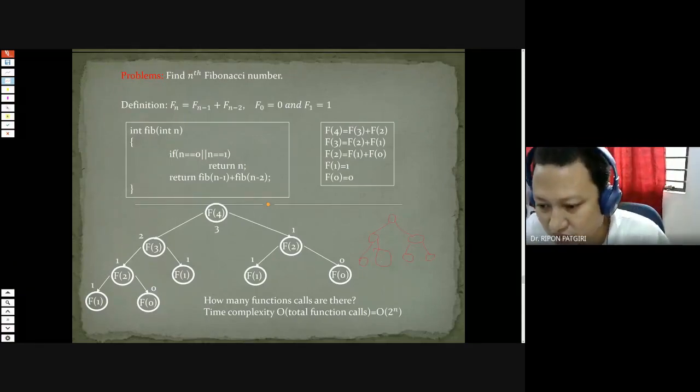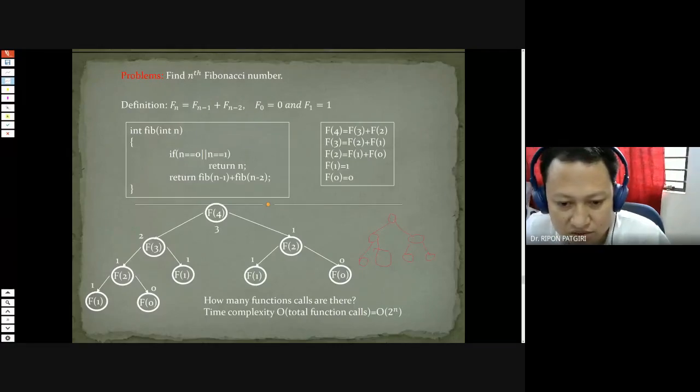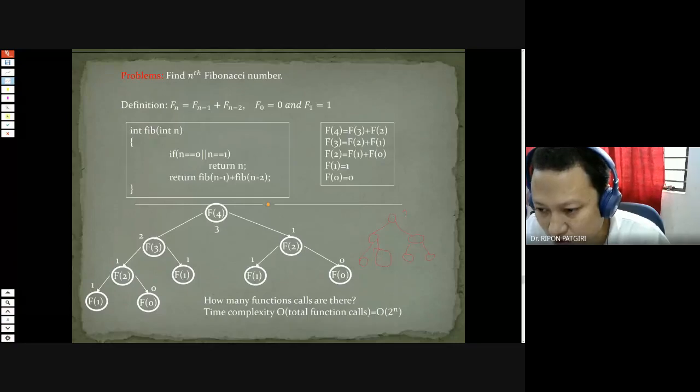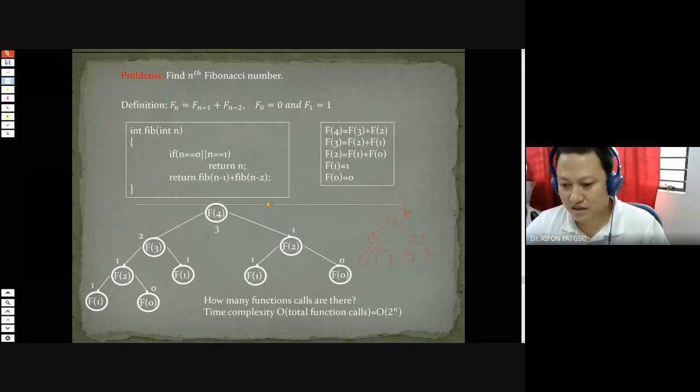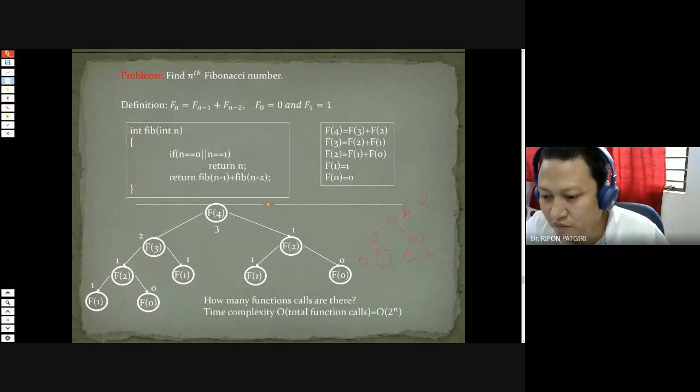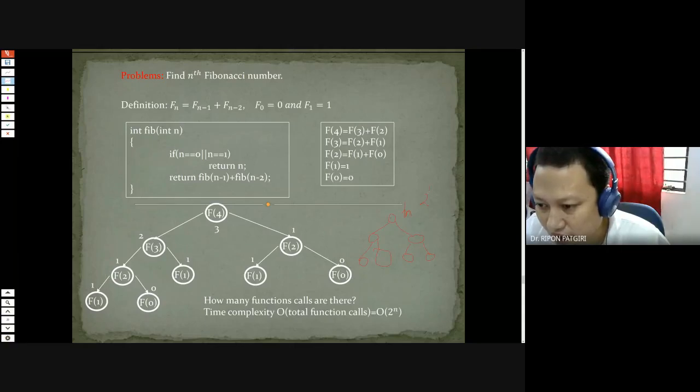What is the height of this? We have taken the height as n here, not h. Say for example I am taking h, the height. If h is the height, what is the total number of nodes here? 2 to the power h minus 1, maximum.